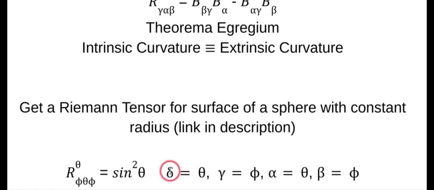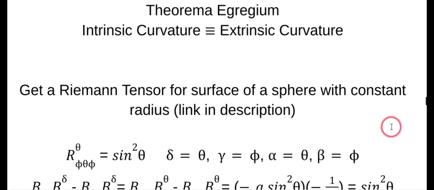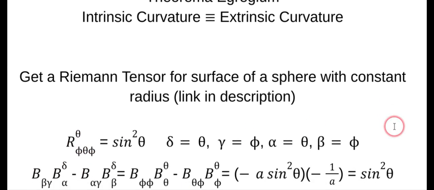All right, now let's look at these indices, okay? So you can see how I've got delta, gamma, beta, alpha, beta, right? So in this case, the delta is theta, the gamma is phi, the alpha is theta, and the beta is phi. Okay? So that accounts for all 4 of these. Now we go back to video number 6, and we did all these. We had the curvature tensor expressed like this as 2 covariant indices, and we had it expressed like this with the mixed indices.